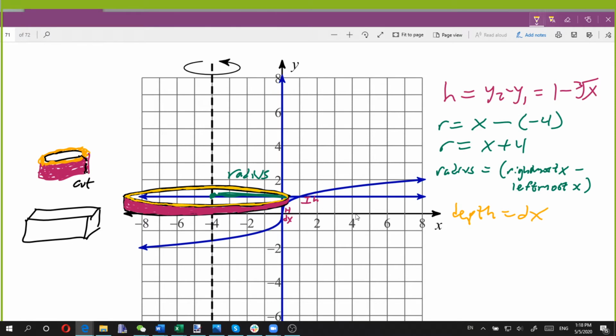Which would look something like this. With our infinitely small dx on top that formed our yellow circumference.